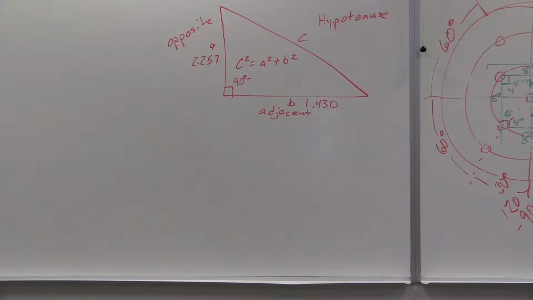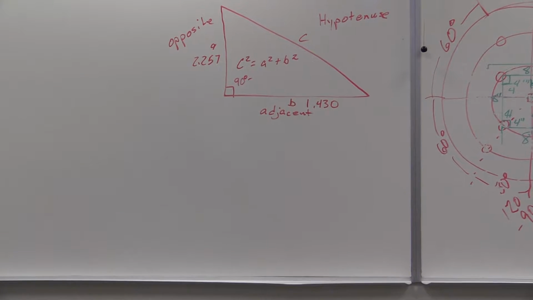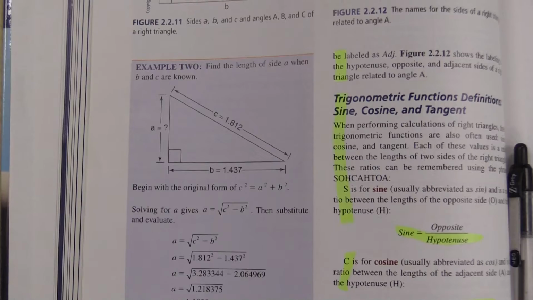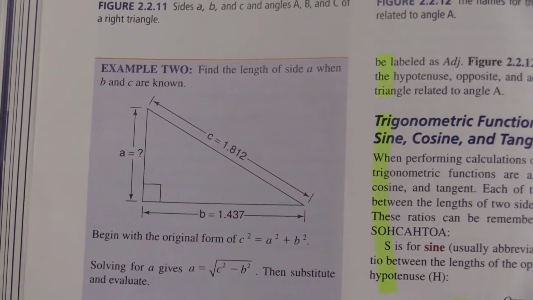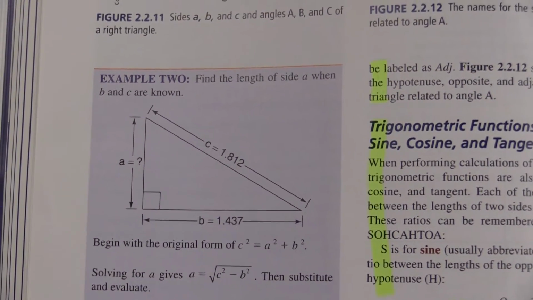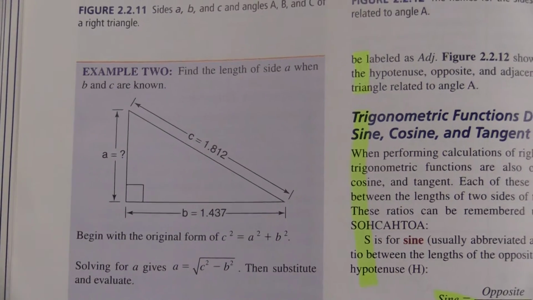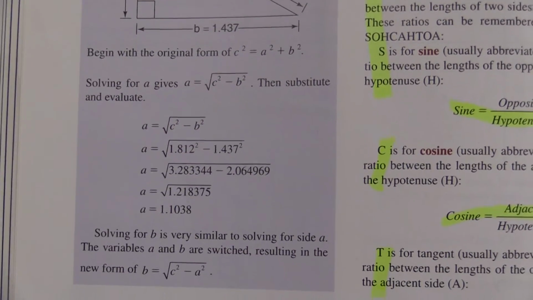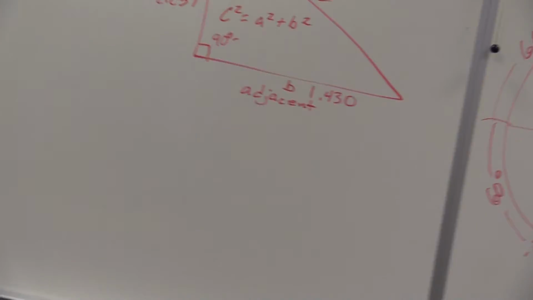So the next example, which is example 2 on page 78, gives you C, the hypotenuse, and the adjacent, C and B, and we're going to change the values as well.